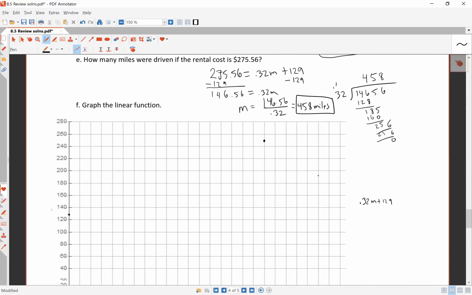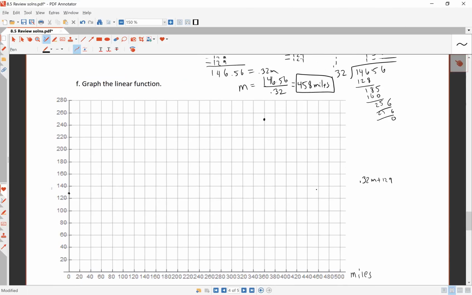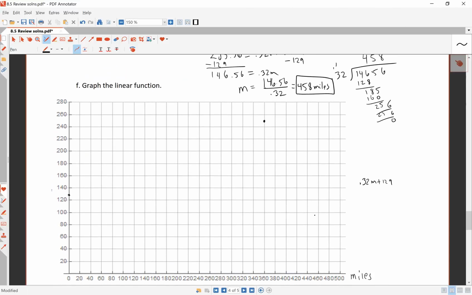And if 458 miles were driven, it cost $275.56. And there's 3 points on this. And so we'll connect those as best as we can.